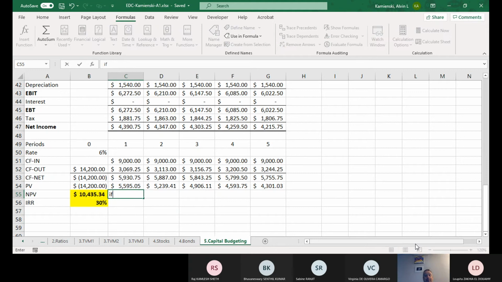And the way we think about this, if this is greater than 0, you have a positive returning investment. And if this IRR is greater than that rate, which in our case is equal to 6%, then you have a positive returning investment.